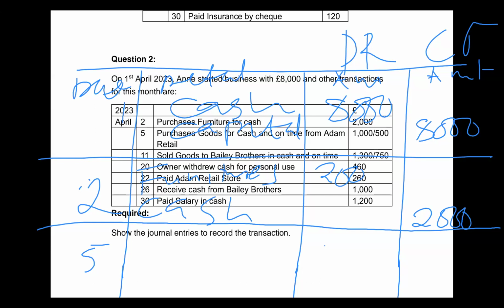The purchase account, according to what the teacher explained, will be added with the 1,000 and the 500. So it will be debited, both of them. Okay, because you are getting both of them in a way. And then for the credit, we are going to write 1,000 and then 500.